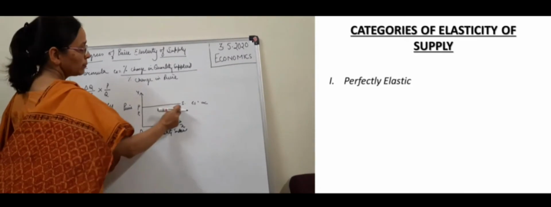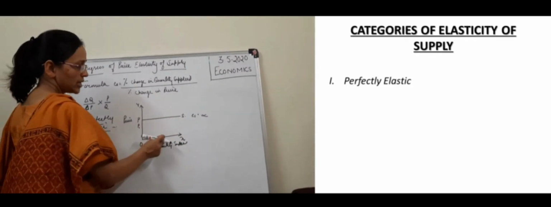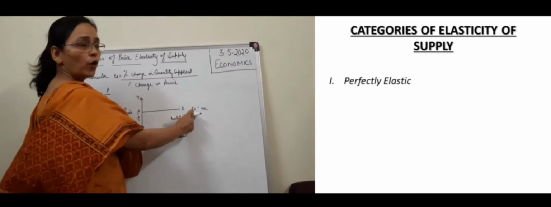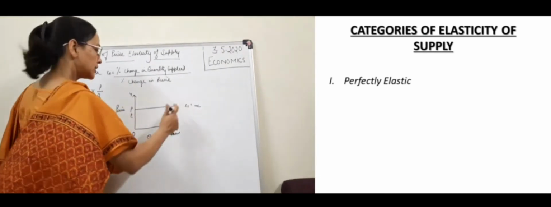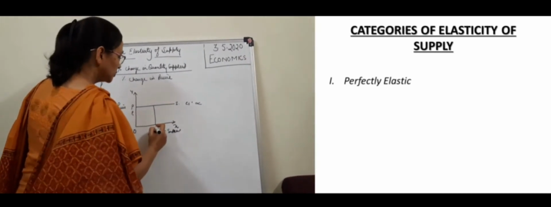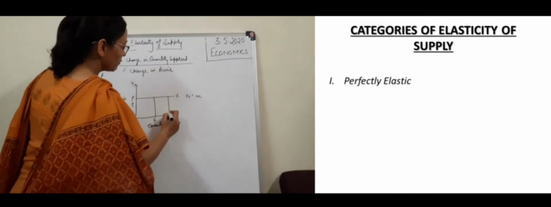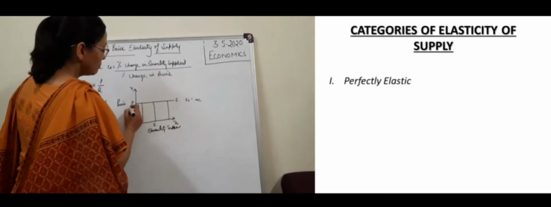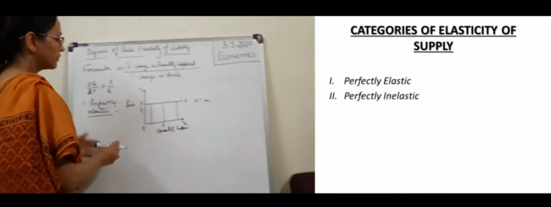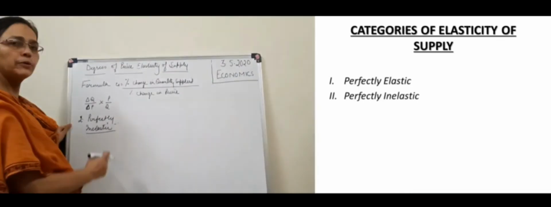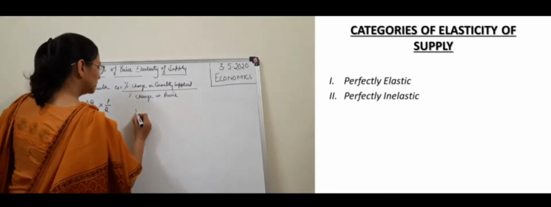The degree of a perfectly elastic supply curve will be infinite. Is that clear? The quantity may vary like this, but the price will not change. Is it clear?